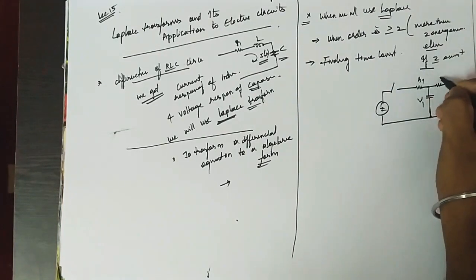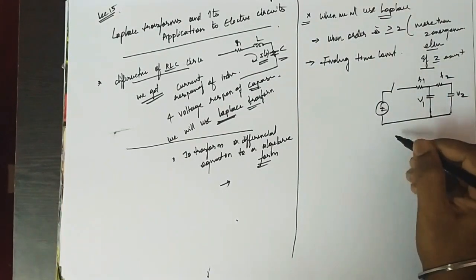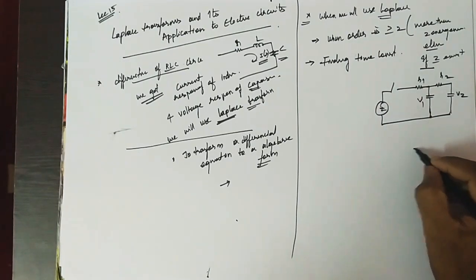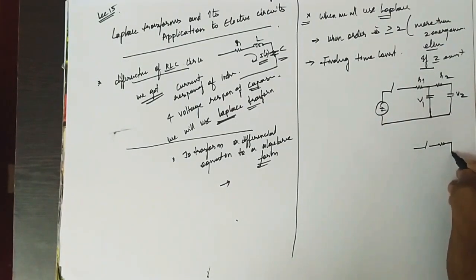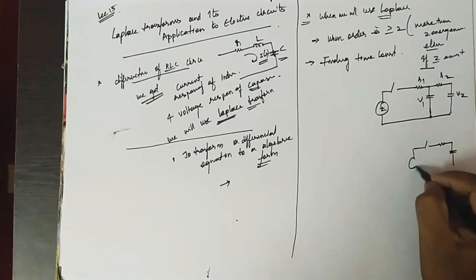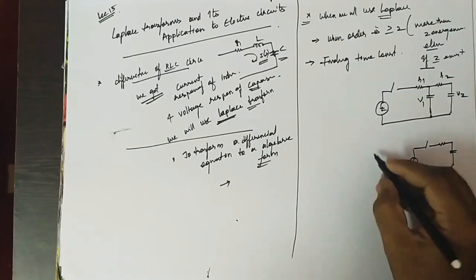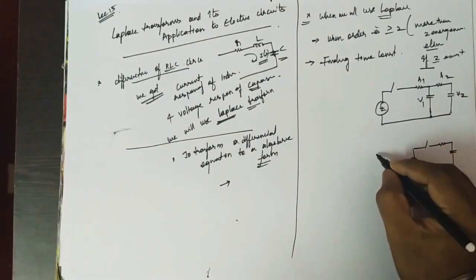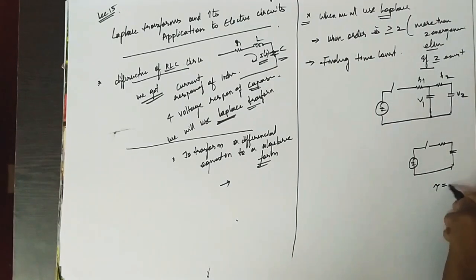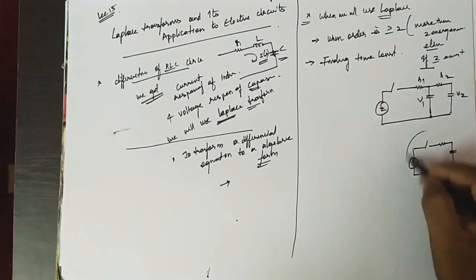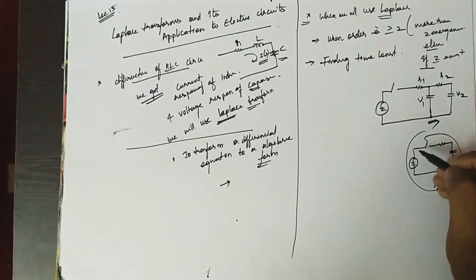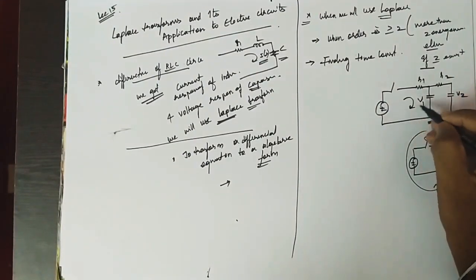This is R1, this is R2. Now what will you do? Initially for a single circuit, directly you find a time constant. For this, the time constant tau equals RC. Finish.